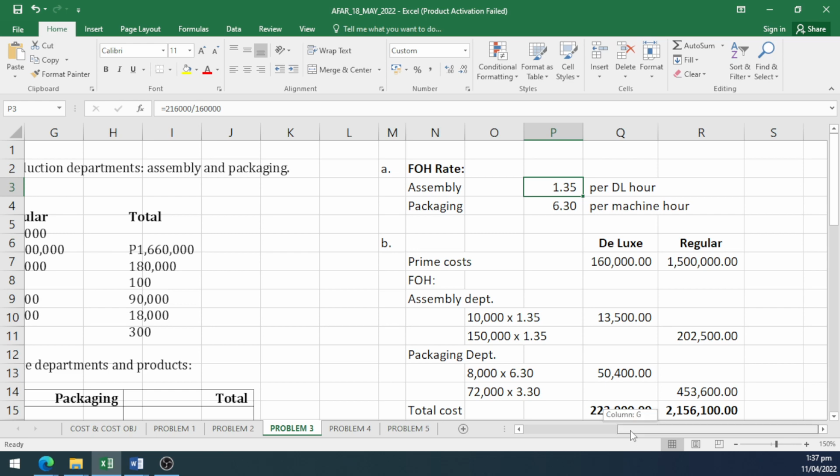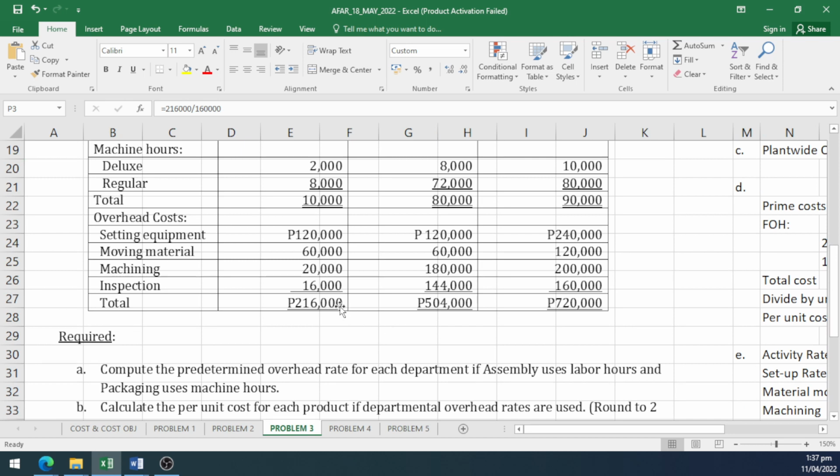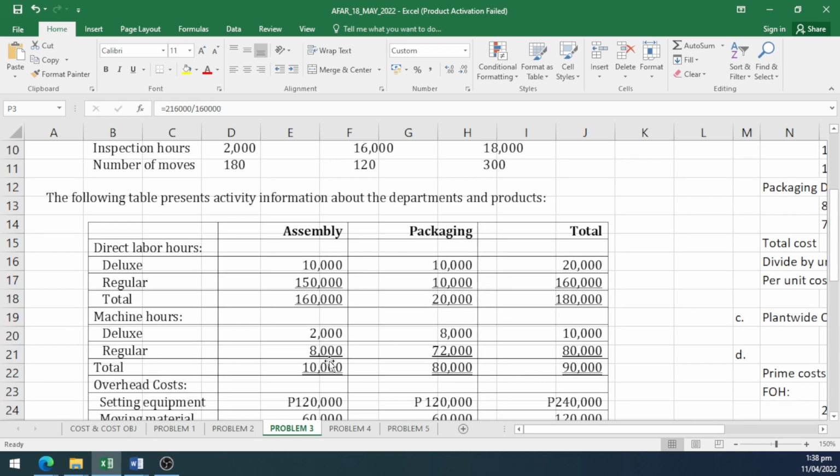Yung total overhead sa assembly, ito po. Yung total overhead in assembly department, ito, 216,000. At ang total DLRs, 160.